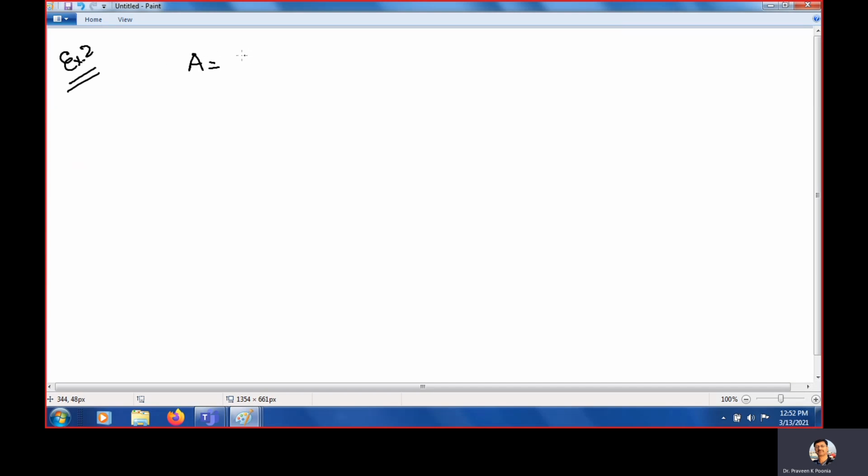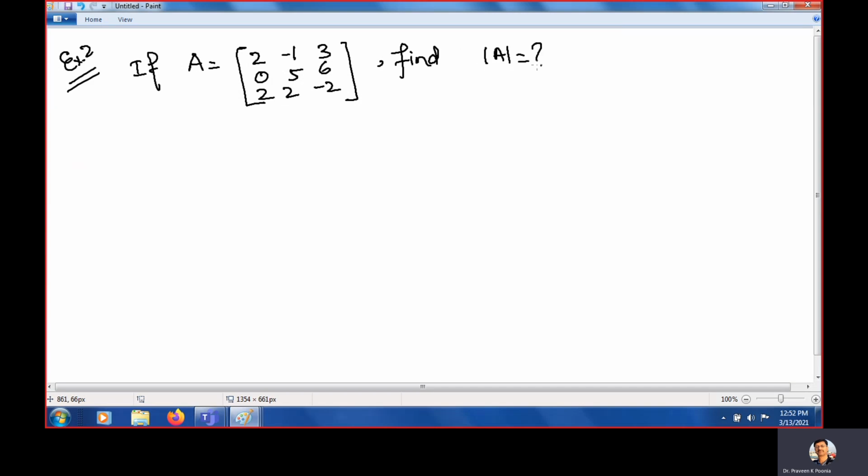A equals 2, minus 1, 3, 0, 5, 6, 2, 2, minus 2. If A is equal to this one, find the value of determinant of A. This is the question.